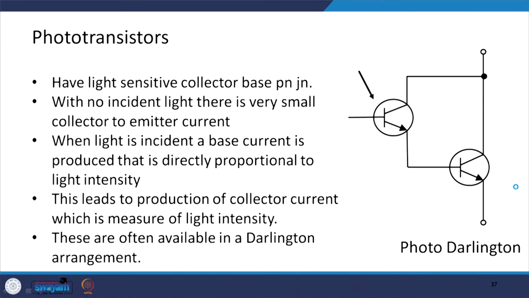When light is incident, a base current is produced that is directly proportional to the light intensity, and this leads to the production of a collector current which is a measure of the light intensity. These are often available in what is called the Darlington arrangement. So, this is the Darlington arrangement in which these are available.